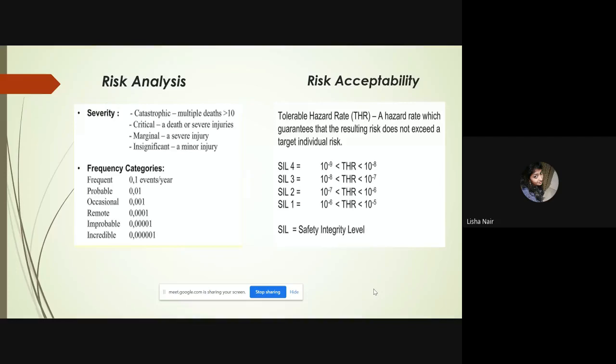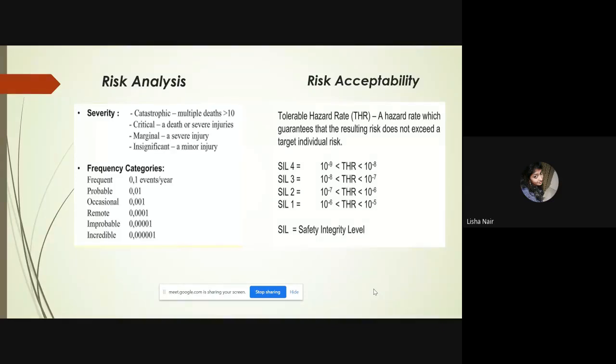That is the most severe risk, which could cause death, more than 10. Obviously, in an aircraft you would have more than 100 passengers. It might be a threat if a system fails and the flight abruptly crashes. It does cause loss of lives.